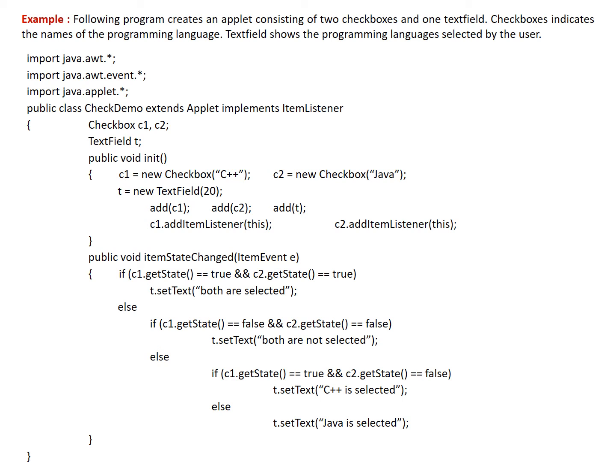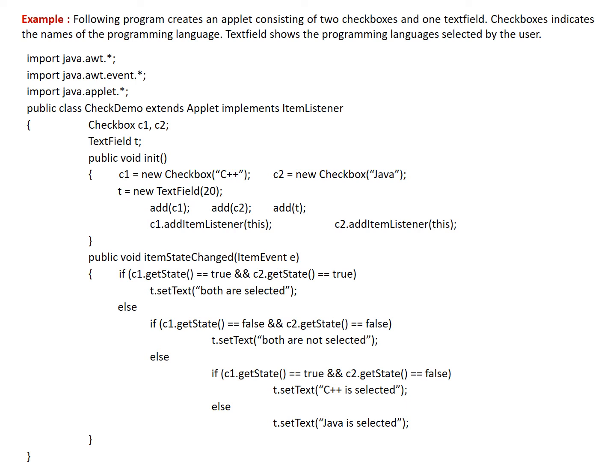After this, in the class, two reference variables C1 and C2 of type Checkbox are declared. Then T is the reference variable of type TextField. In the init method, C1 is equal to new Checkbox C++, C2 is equal to new Checkbox Java.